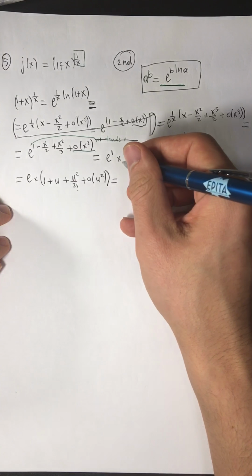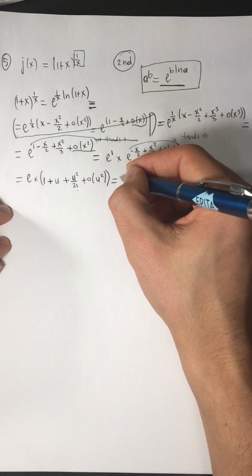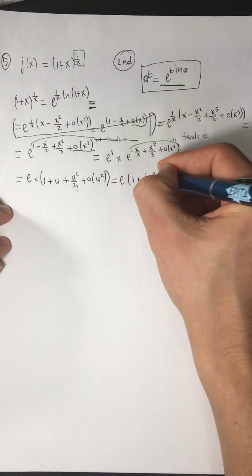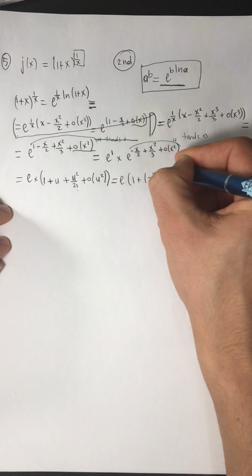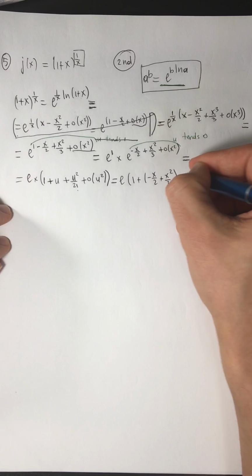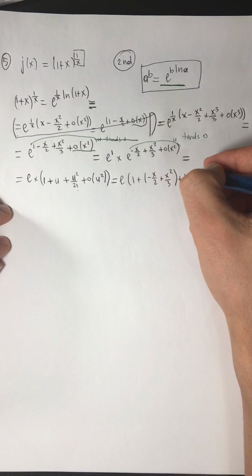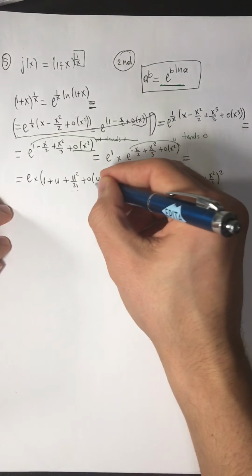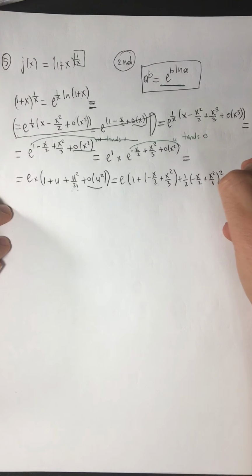And you continue, e times 1 plus, what is u, minus x over 2 plus x squared over 3. You don't have to write this one in this case. And then plus 1 over 2, and what is u, minus x over 2 plus x squared over 3, squared. I'm writing this one, and this gives you o(x squared).